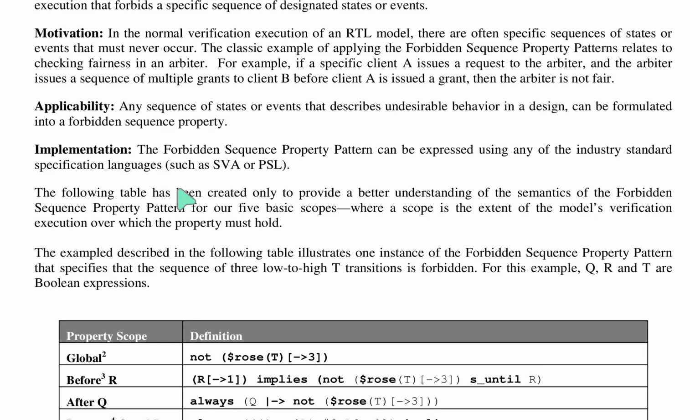The following tables have been created only to provide a better understanding of the semantics of forbidden sequence property patterns for our 5 basic scopes, where a scope is a span of a model verification execution over which the property must hold.